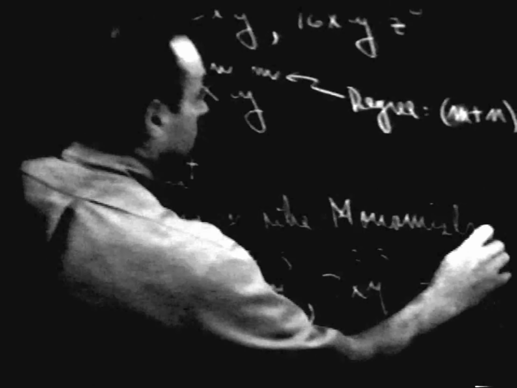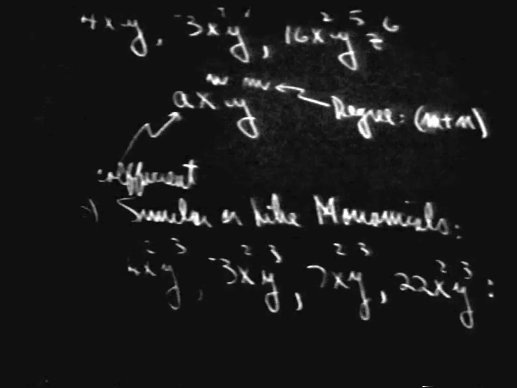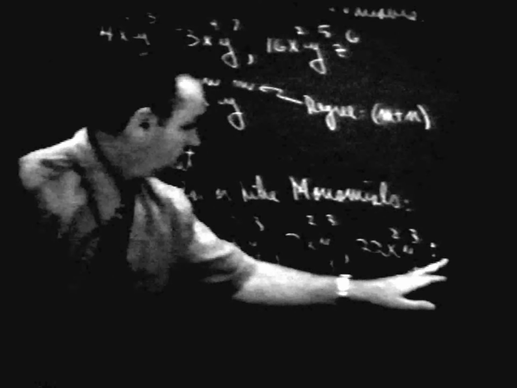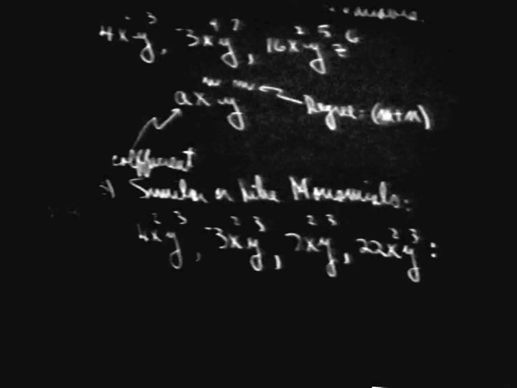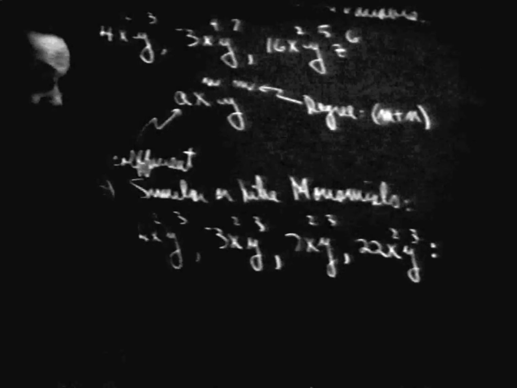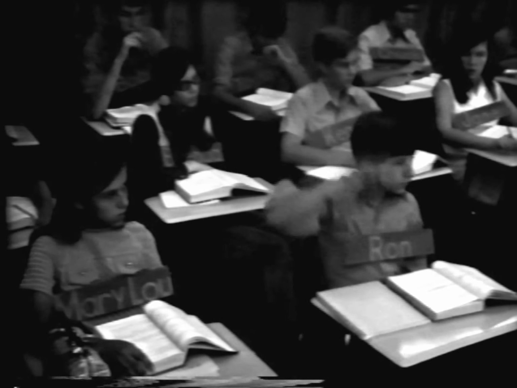So I think you will agree with me that in this case, if we had to give a name to these, what would we call them? If I had to write a word here to describe these four, the one trait that they all have in common is that they are what? Mary Lou? Of the same degree, yes, but in terms of these two words that I have just written here, similar or like, what shall we say, Ron?